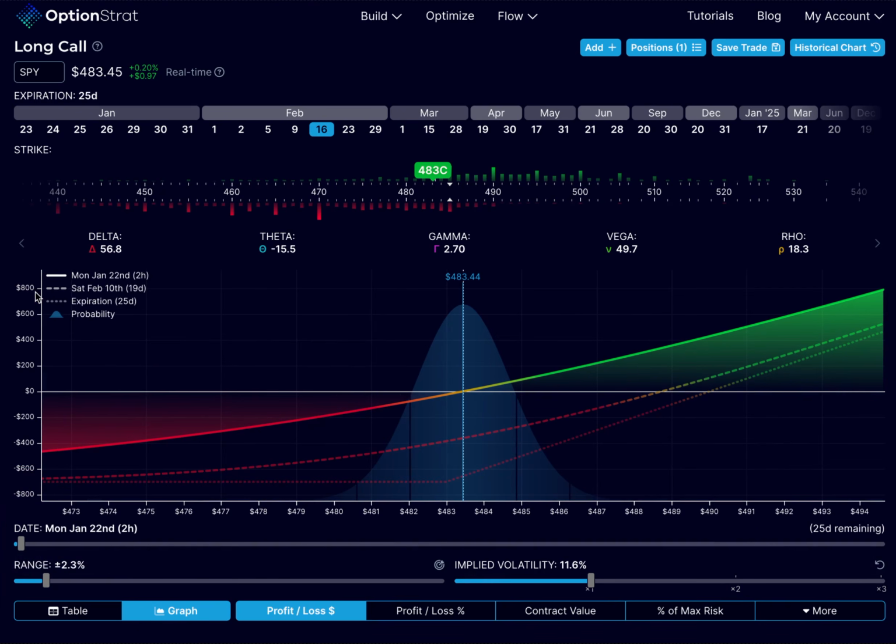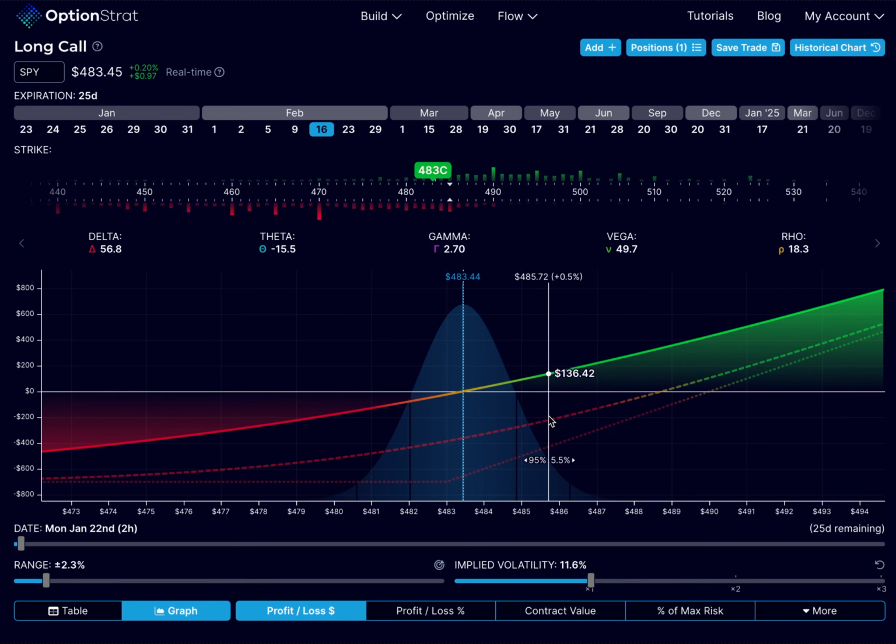You'll also see over here on the left side, we have a solid line, a large dashed line and a small dashed line, and then a cone of probability. So this solid line right here is what's called the T0 line.